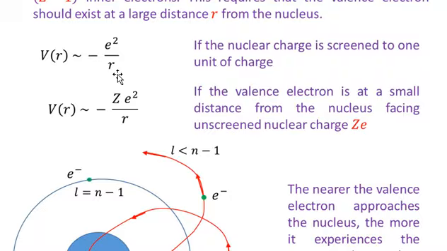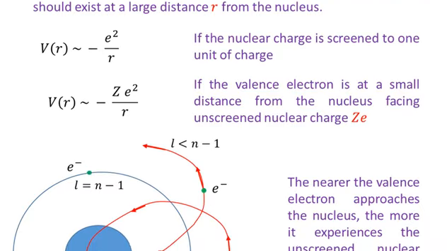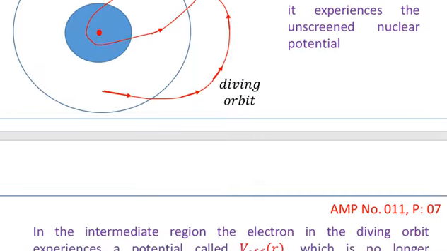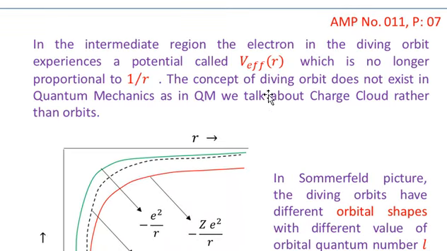And when the valence electron is close to the nuclear charge but has not entered the inner cloud of charge, the potential seen by the valence electron will be equal to minus Ze squared over r. And when the electron has entered the inner cloud of charge, it will have a potential called V effective, which is no longer proportional to 1 over r. That is, the V effective potential is not a central potential.